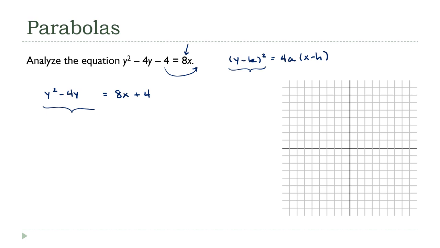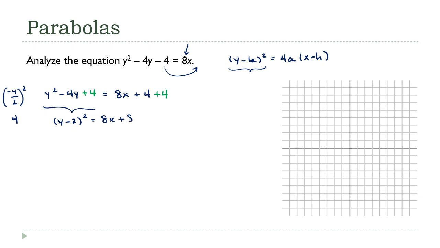So I'm going to take that negative 4, divide it by 2 and square it. If I do that, this is negative 2 squared, that's 4, so I'm going to add 4 to both sides of my equation. That turns the left side into a perfect square. This is now y minus 2 squared equals 8x plus 8.